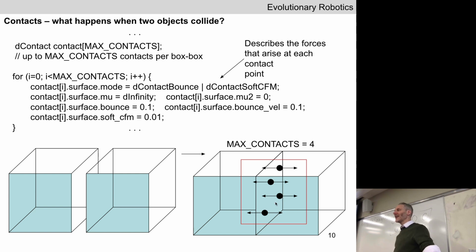They know more or less where the collision has occurred, and they sprinkle a whole bunch of points into that region. And at each of these points, for one time step and one time step only, the physics engine creates a joint.